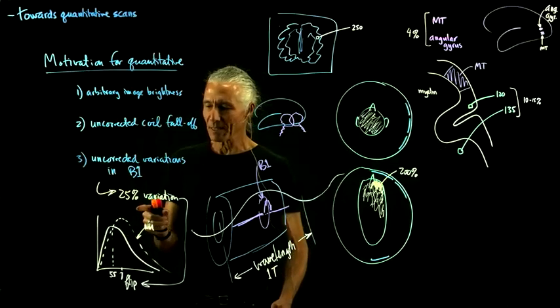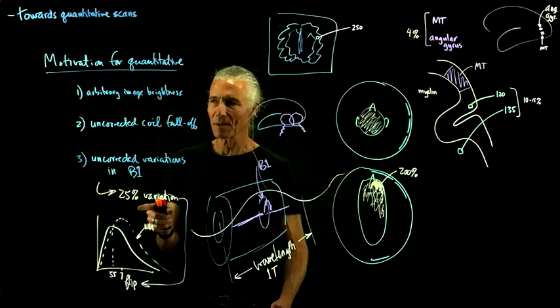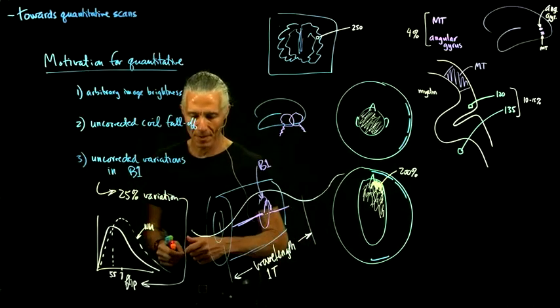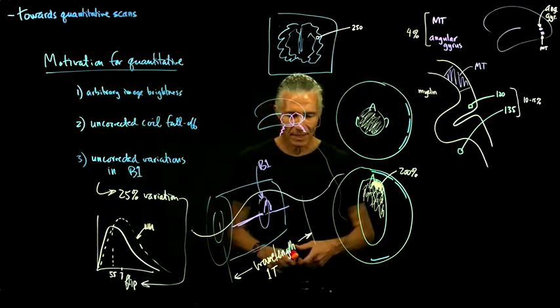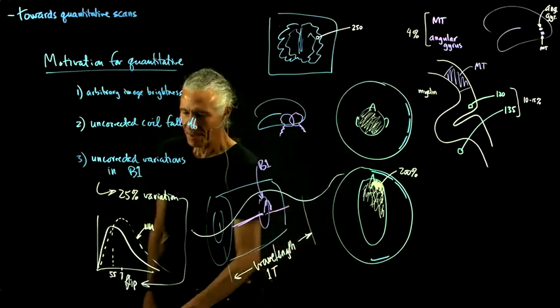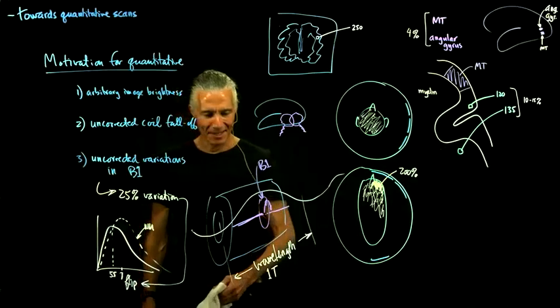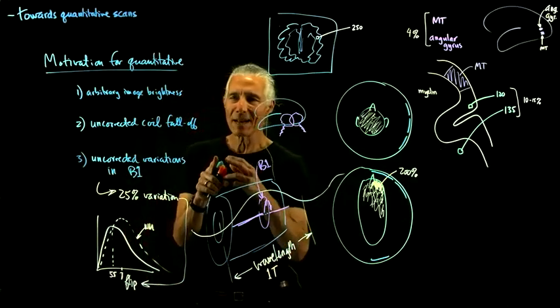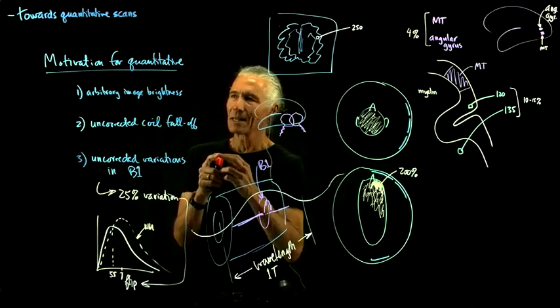There's ways to fix this one too, to compensate for the fact that we haven't done the same flip angle throughout the entire head. So that's pretty much the motivation. And what if instead we had something that was actually T1?